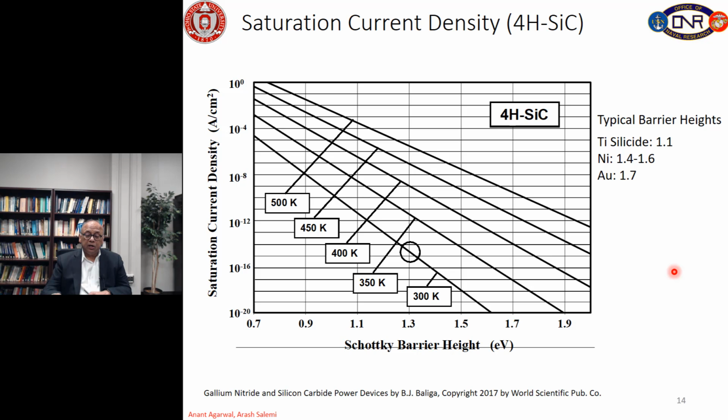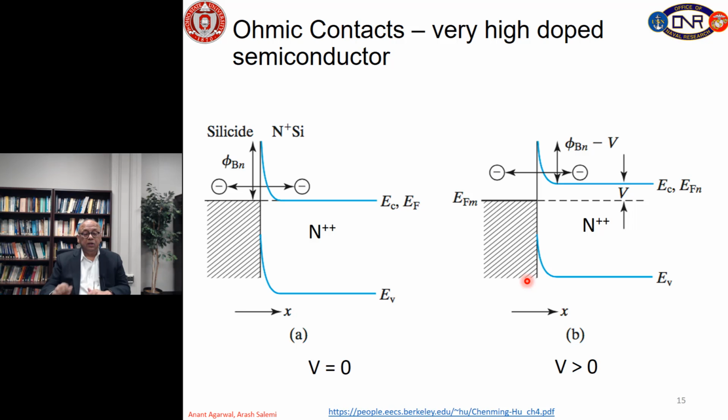Same thing for silicon carbide for different barrier heights. As we increase the barrier height, I0 reduces, and as we increase the temperature, I0 increases.